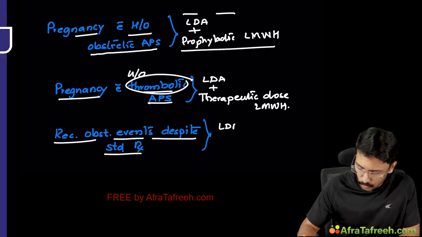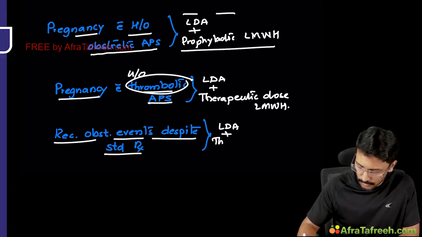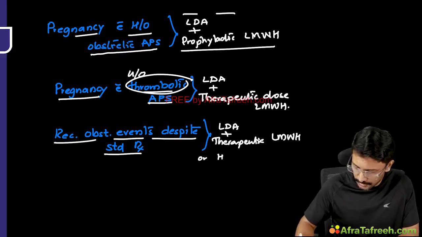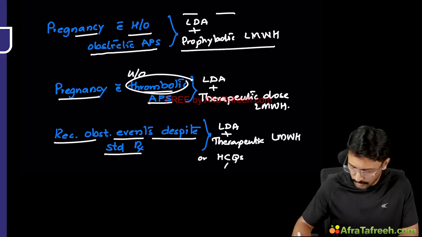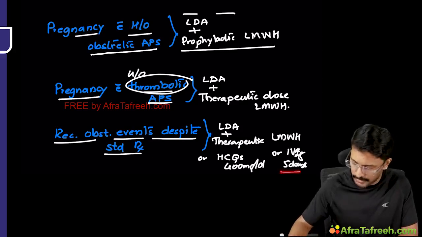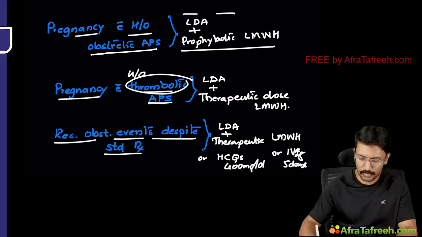Either we can give them low dose aspirin plus the therapeutic dose of low molecular weight heparin, or alternatively, you can also think of adding hydroxychloroquine, 400 milligrams per day is the dose that we use, or we can also give them IVIG for 5 days as infusions calculated based on patient's weight. Okay, so these are the approaches that we can follow.